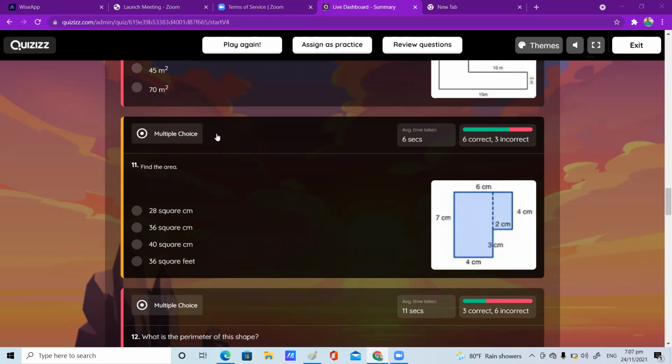No, wait. 28 plus 8, 36. So the answer will be 36 square centimeters.